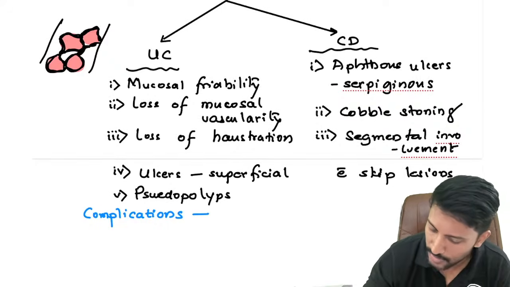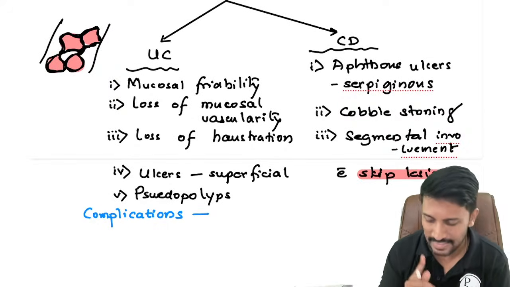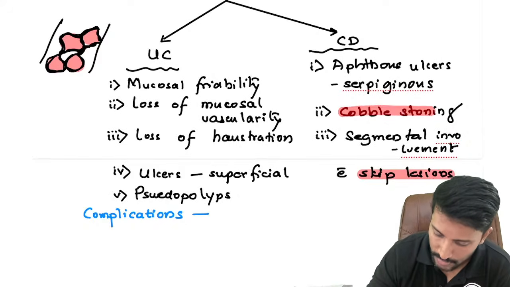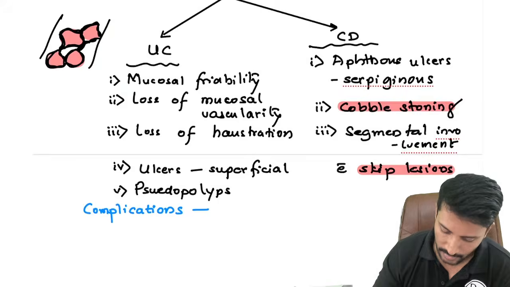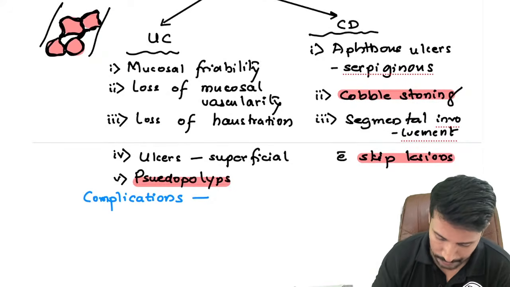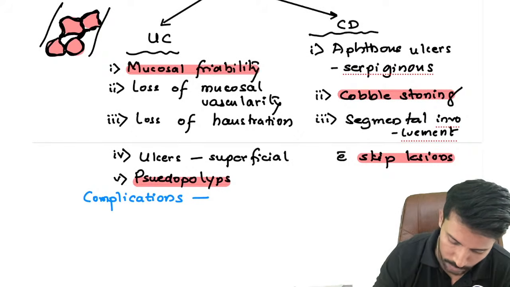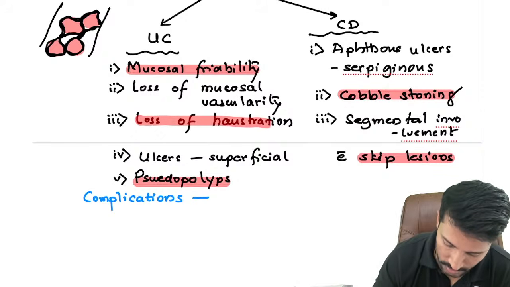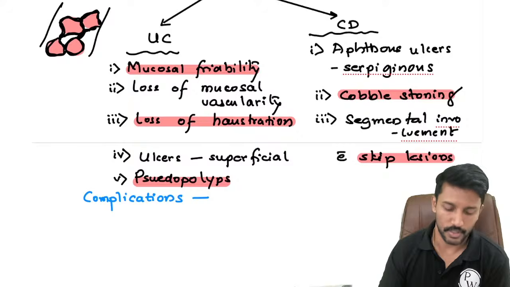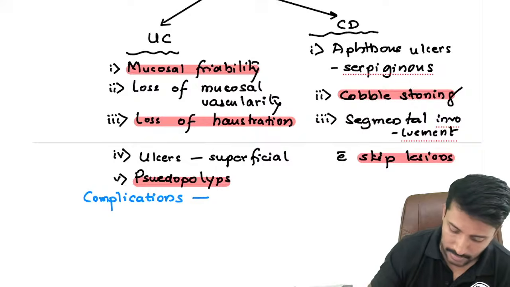Under the endoscopy, the examiner wants the words skip lesions and cobblestoning for Crohn's disease. He wants the words pseudopolyps, mucosal friability and loss of haustrations for ulcerative colitis. This is the endoscopic appearance.